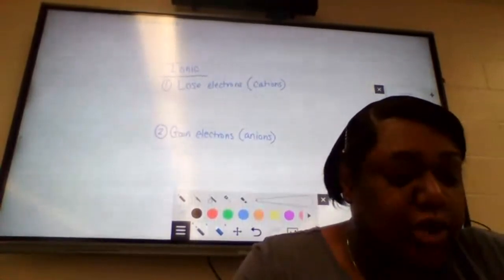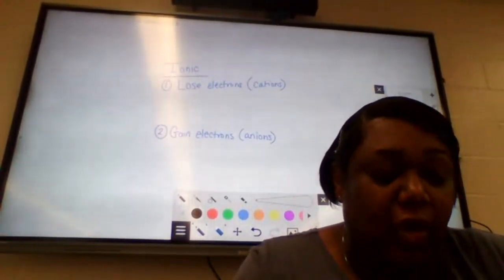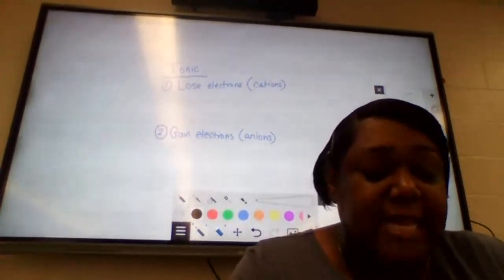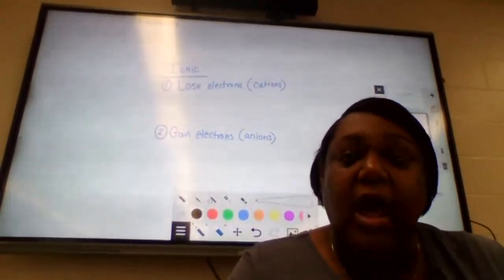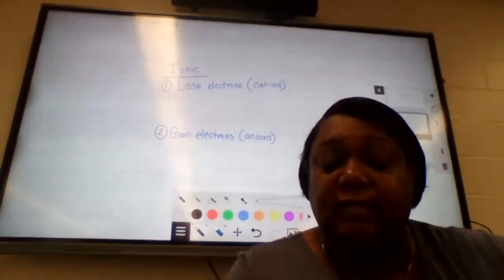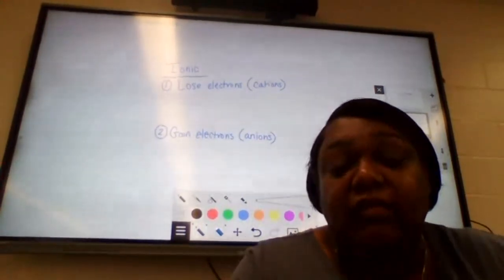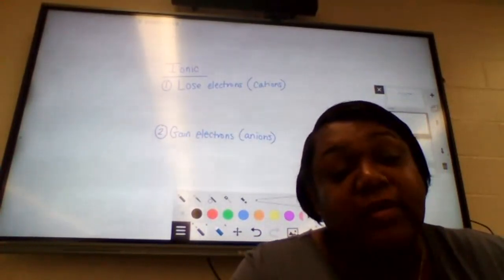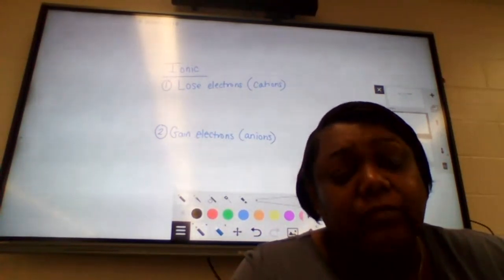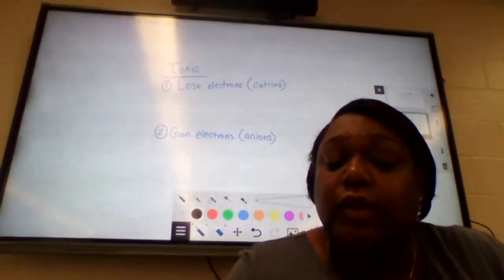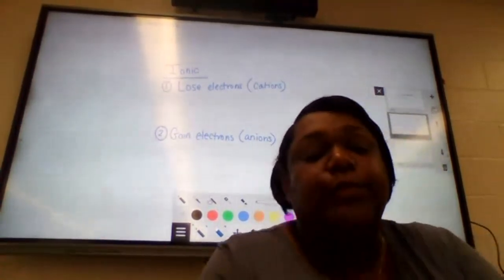Now, again, when you have positively charged ions or cations, what they do is they give away electrons. And they give those electrons away so that they can get 8 valence electrons. Your book actually talks about the element sodium and how you'll notice that sodium is in group 1A, which means that it has 1 valence electron. What does it mean to be valence? Please remember, that's the electrons that are in the outermost energy level.